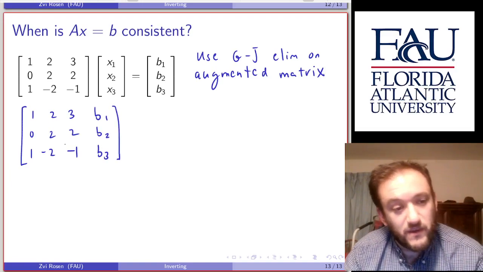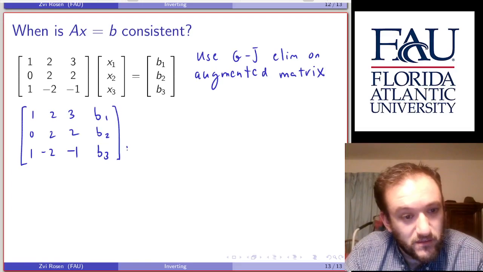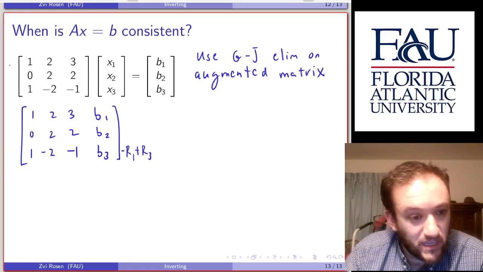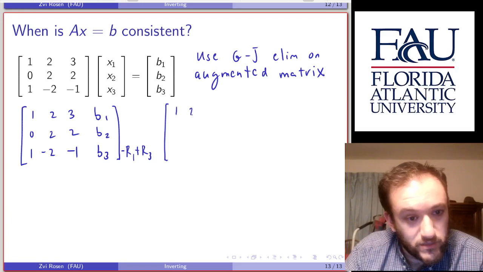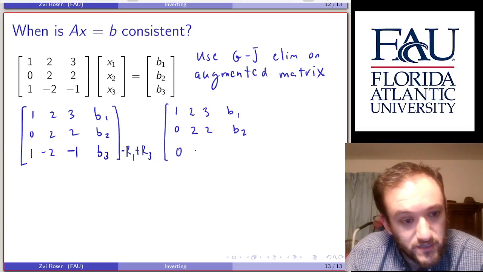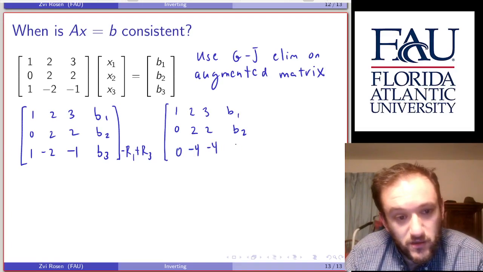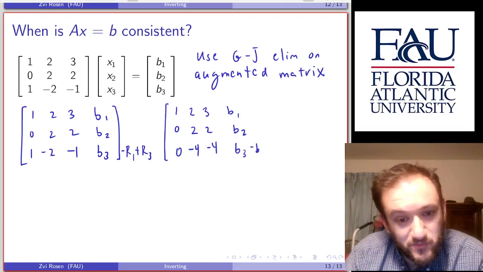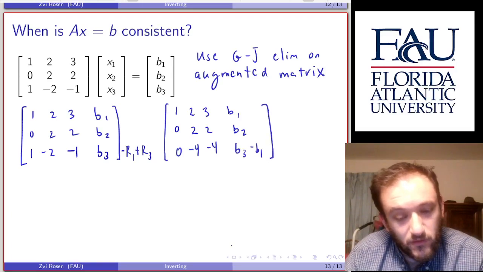Okay, so as before, we start by taking minus row 1 plus row 3 and obtaining 1, 2, 3, B1, 0, 2, 2, B2, and in the final row we have 0, minus 4, minus 4, B3 minus B1. Okay.